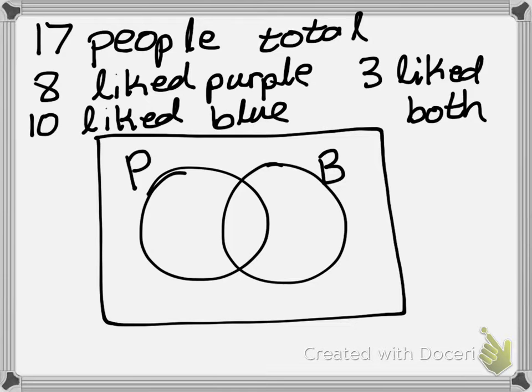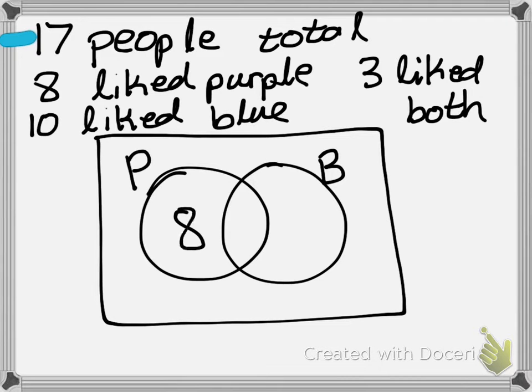Okay, I'm going to go ahead and work through this. Now, what I know about 17 people total is that the numbers I place in all three spots there and the number on the outside needs to add up to be 17. 17 people total. So, the question is, 8 people liked purple.